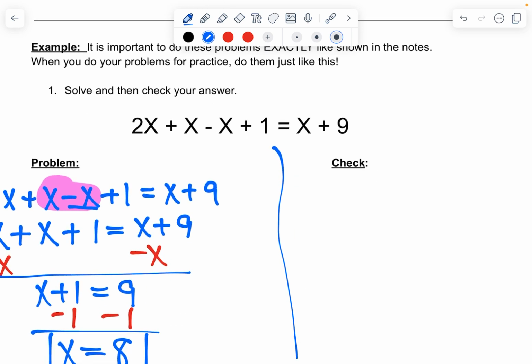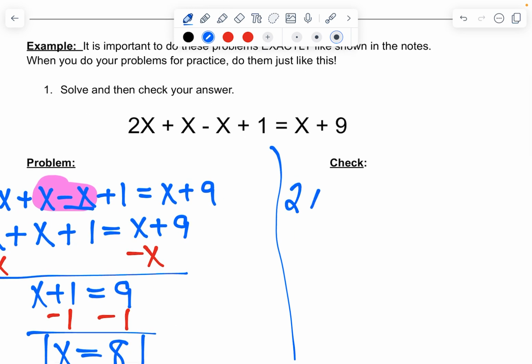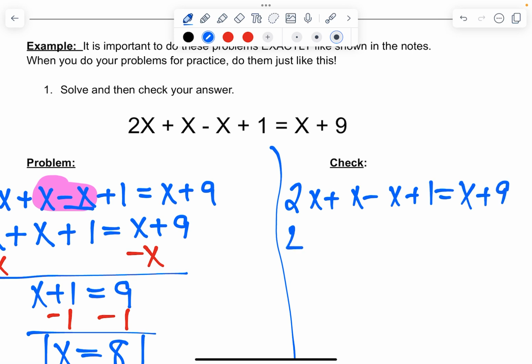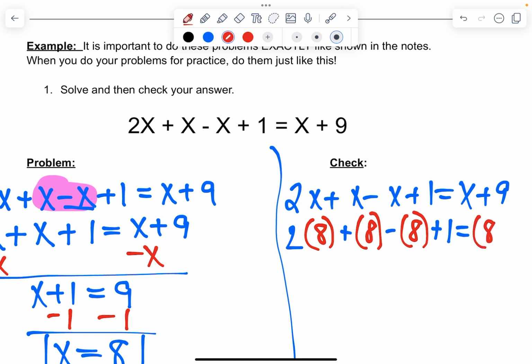I'm going to go ahead now and take the original problem, take out my x, put in my 8, and I'm going to use order of operations.